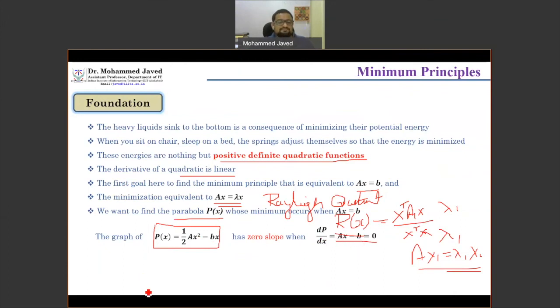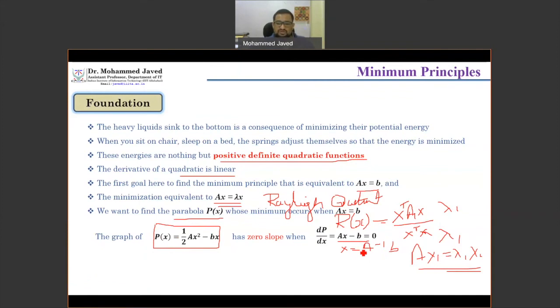Let me erase this. So I get Ax minus b equal to 0, which implies x equal to A inverse b is the minimum point. For this quadratic bowl, this quadratic curve, x equal to A inverse b is the minimum point.